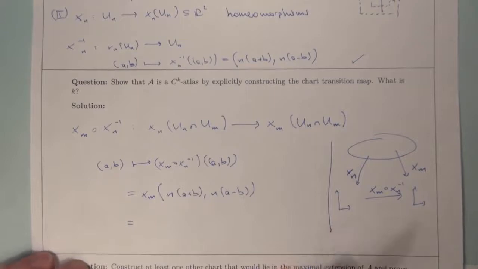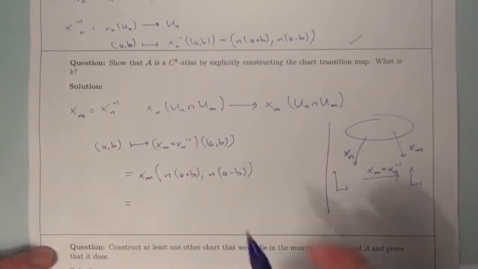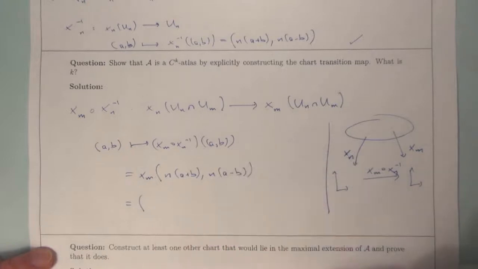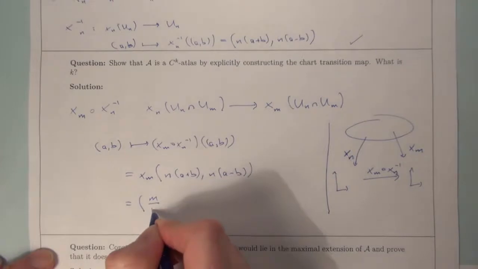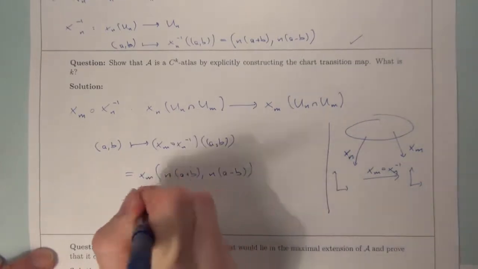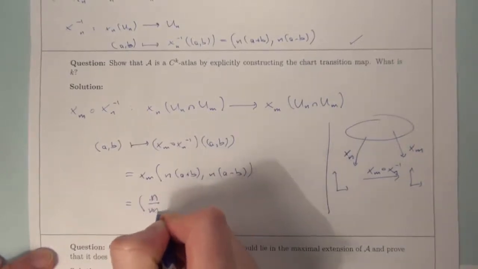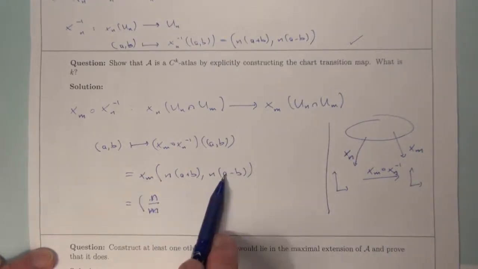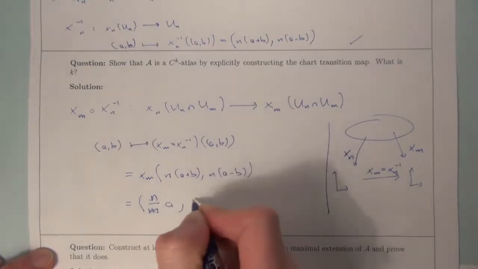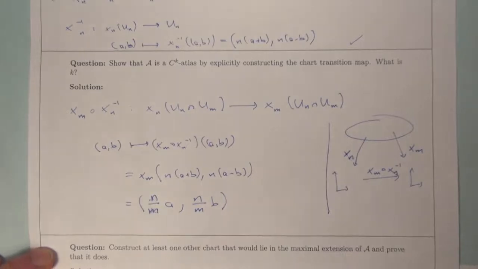And the other direction was given up here, so we need to plug this in and arrive at, now this is m over n, that's wrong, so it's n over m, and here we have x plus y, but a plus b plus a minus b is just a, and here the coefficient is the same and b remains.